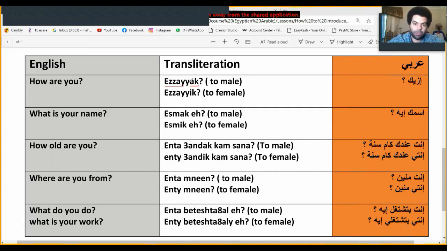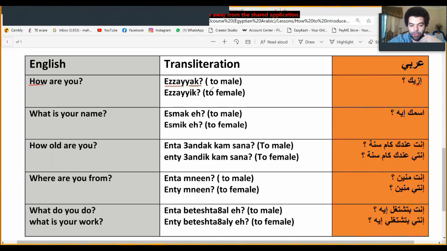Okay, here we learned two things. ازاي means how. And I have Z twice because I pronounce it twice. And I have Y twice because I pronounce it twice. This is very common in Arabic, to pronounce the same letter twice. If you're looking at the Arabic spelling, you will see this letter is only written once, but we pronounce it twice. Anyway, ازيك. And this ek at the end is you, male.